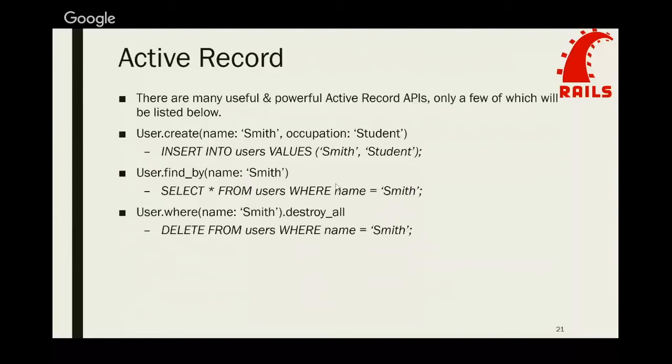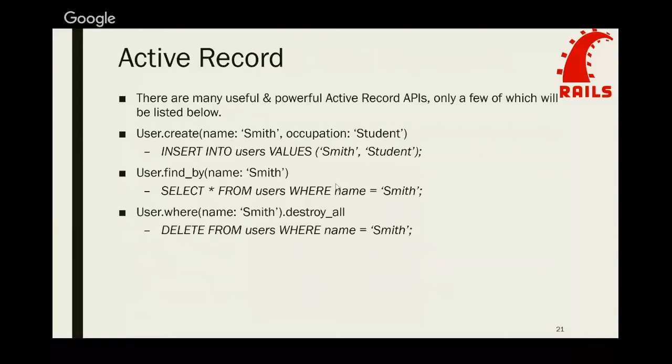Please note that this user is kind of a subclass of a model. You should extend a model superclass. And when you extend this model superclass, it already has all the create, save, and where methods. So you do not write them again. All these are already handled by the Ruby framework.